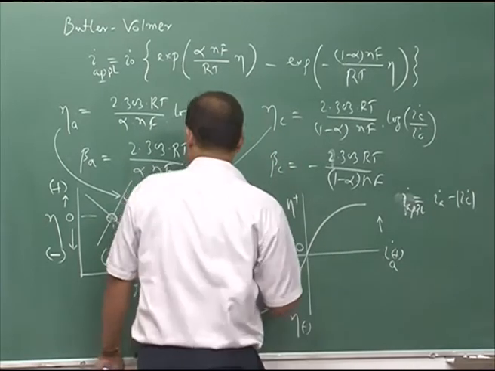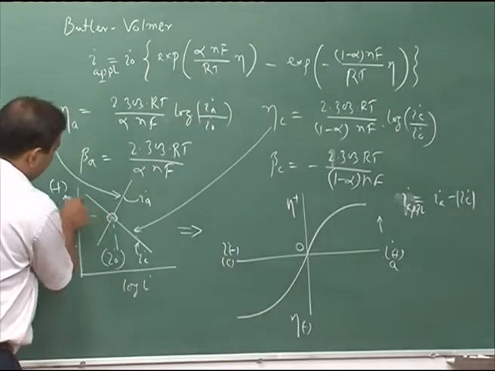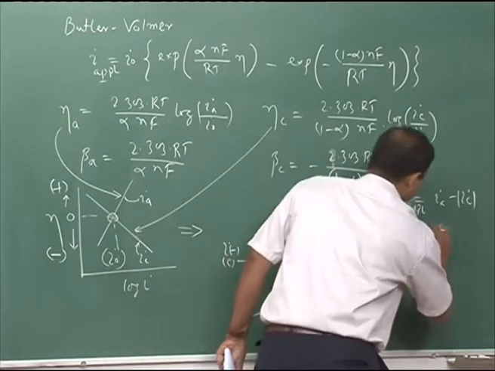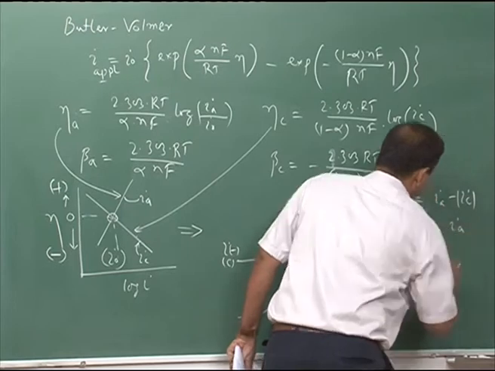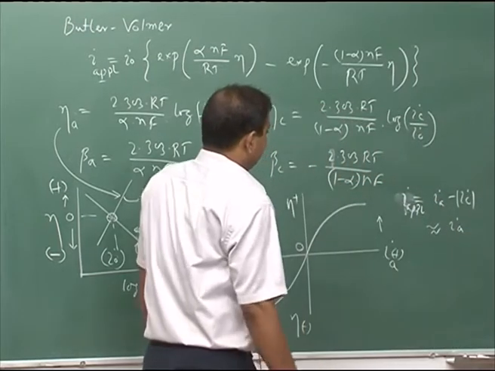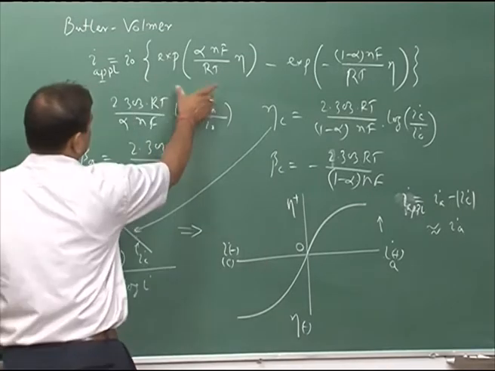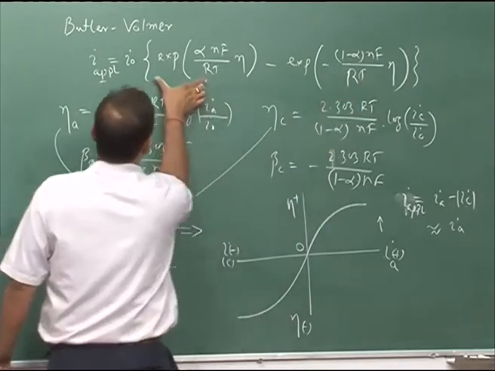Now, at a higher overvoltage, we have seen that this point is negligible. So, it would become I A, but there would be this component also, and this is coming from this and this part.